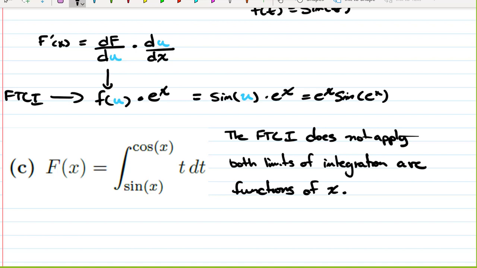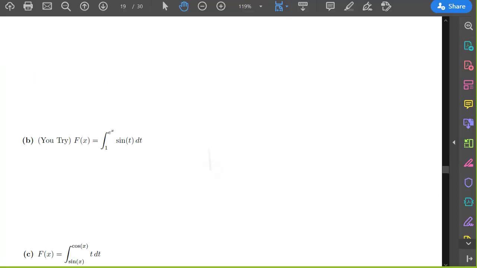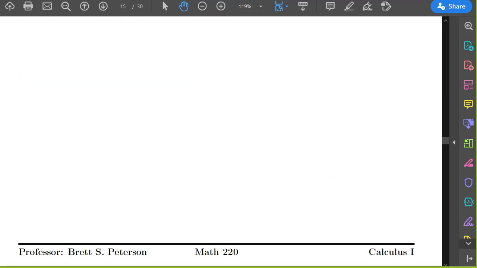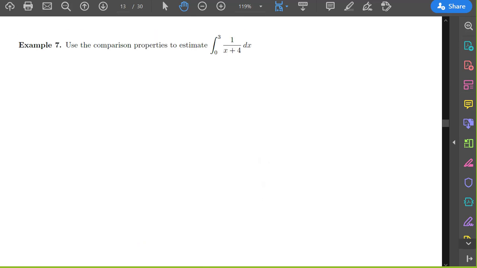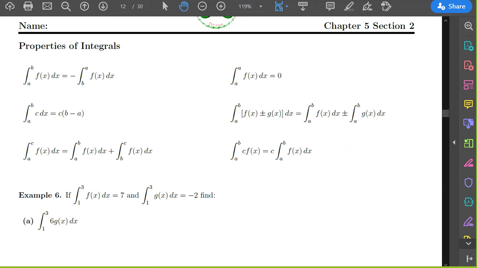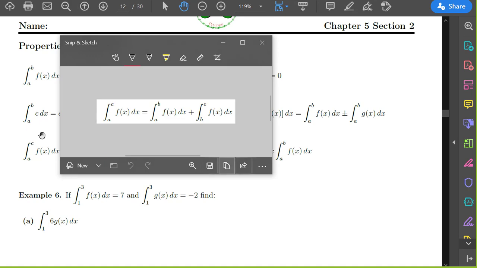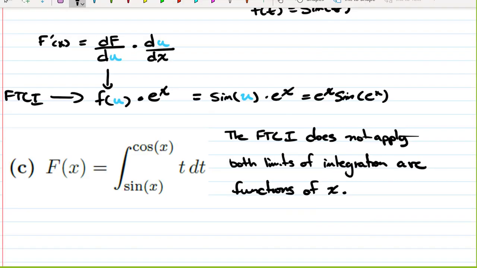So we need some properties of integrals again. So we go back to our properties from 5.2. And we've got this property that we're going to use.